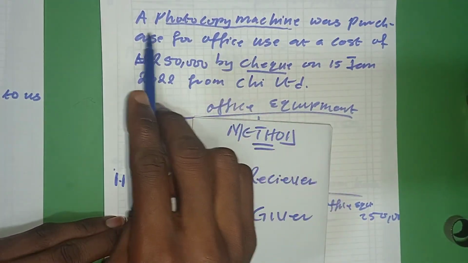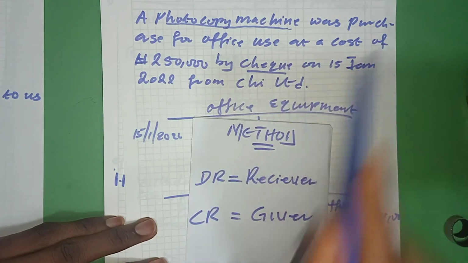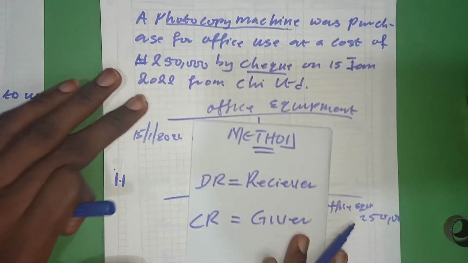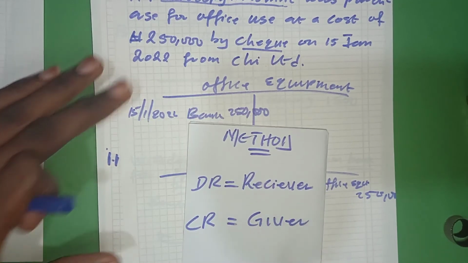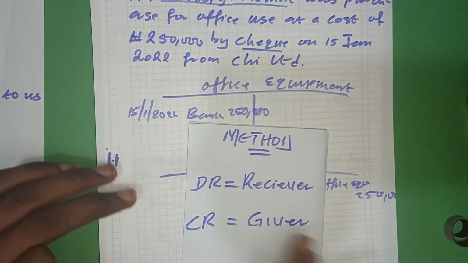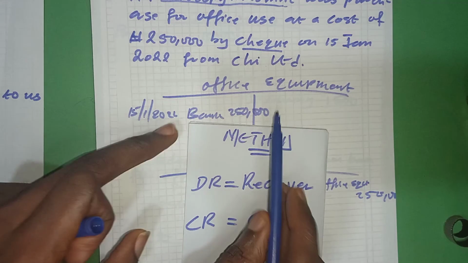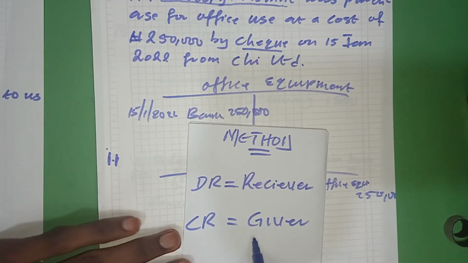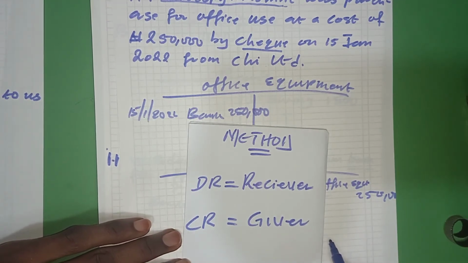A motor photocopy machine was purchased for office use. Who is receiving and who is giving? Now mind you, we are receiving because we purchase. And when we receive, we give out money by check.